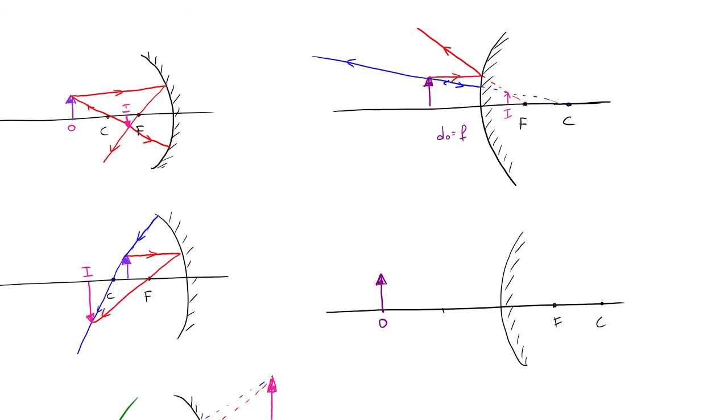Use our parallel ray, which has to again meet at the focal point when it is reflected. So this is the reflected ray, this one is the incident ray. Now let's do the central ray, which is going to go this direction.